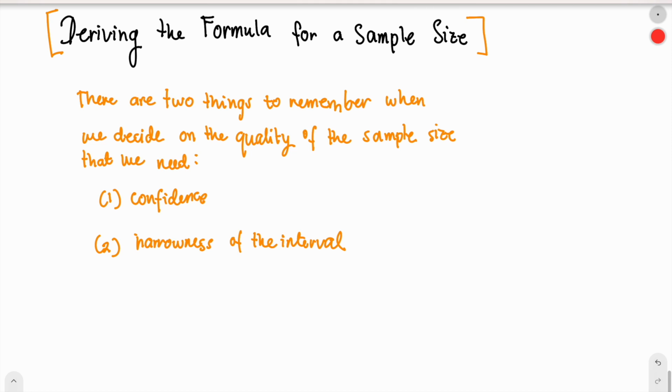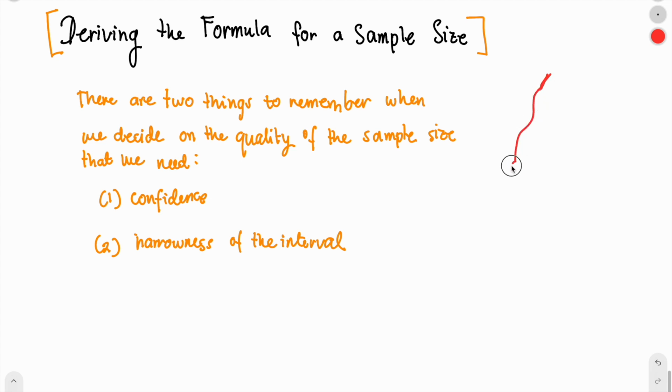Okay, for the second part of this video, we have deriving the formula for a sample size. So it means that let's say we have the island of Palawan, and there are let's say 68,000 local residents in Palawan, right?